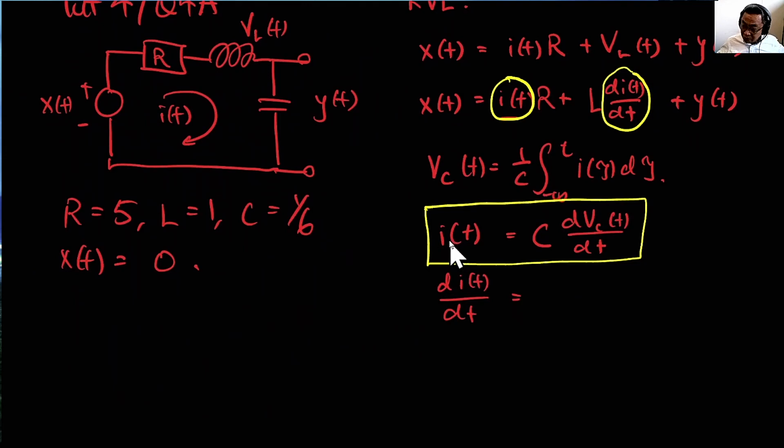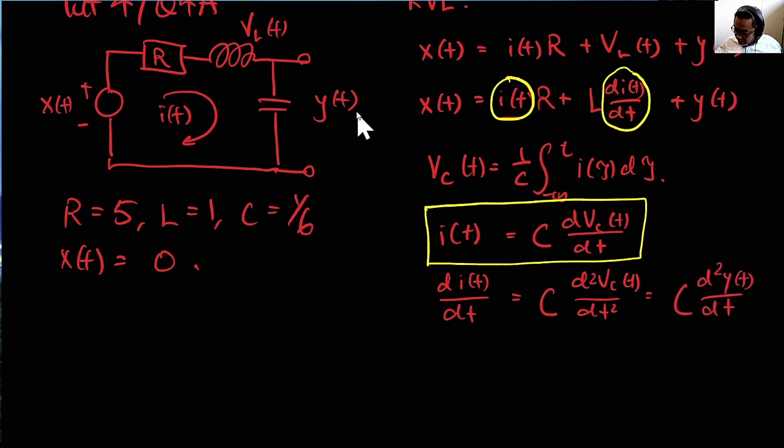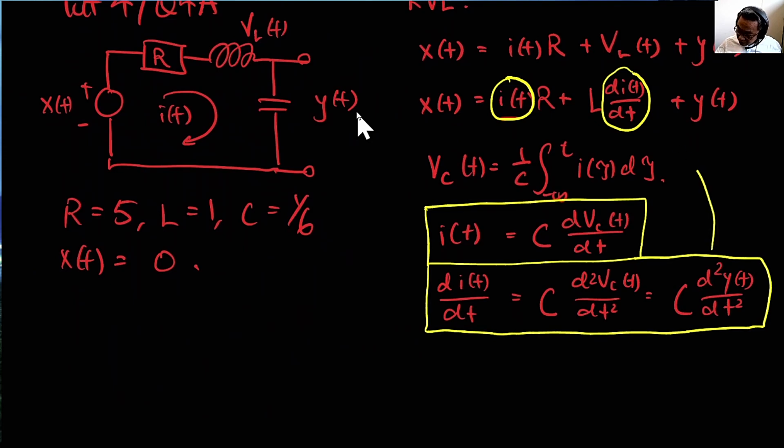We can perform differentiation of this i(t). So basically it's C d2 V_c(t)/dt squared. But V_c is across this capacitor, which is y. So basically just C d2y/dt2. So this is the equation that we want. So now we have a way to capture these two equations.